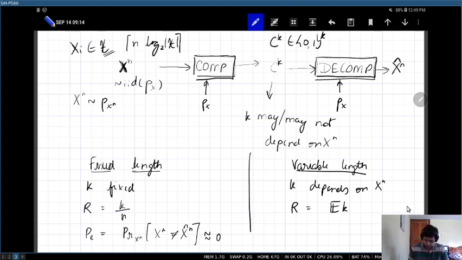So here k is going to be a random variable depending on xn divided by n. Sometimes I'll call this expected length L of ck, which is k, but we'll also refer to this as L of xn, where L of xn is the length of the compressed file of xn divided by n.